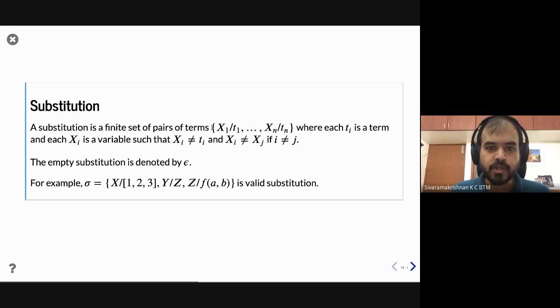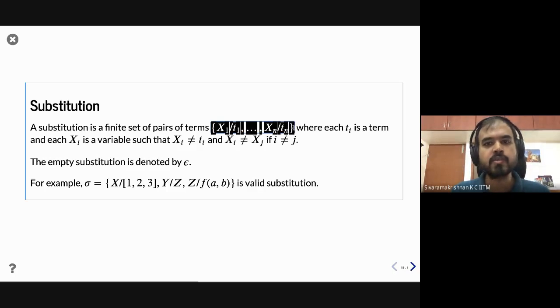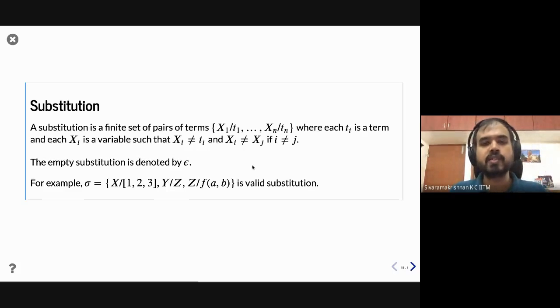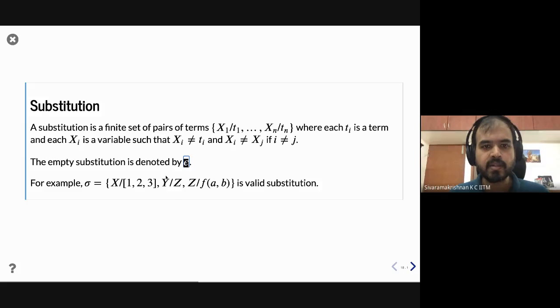The substitution shouldn't say for x go and substitute 0, and for x go and substitute 1. This would be ill-formed. Which one should you substitute, 0 or 1? So this condition prevents the same variable from occurring twice in the substitution. These are intuitive, just to keep substitutions well-formed. We write the empty substitution as epsilon.